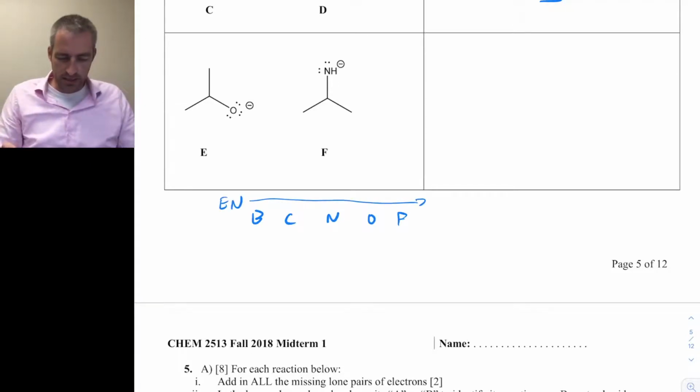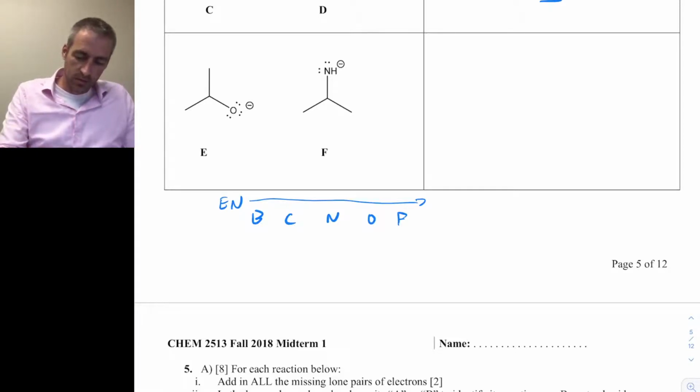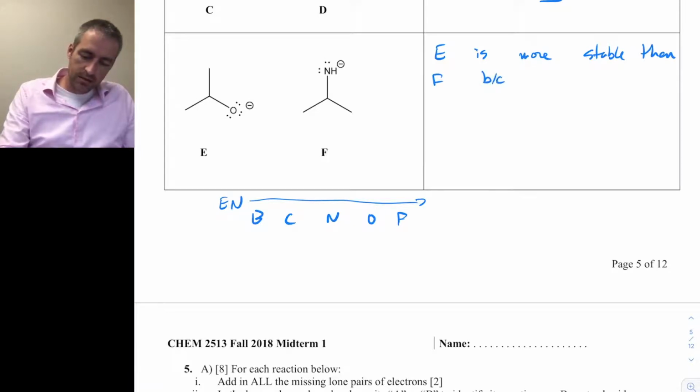When you're comparing bases that differ by the atom with the charge being different atoms, but in the same row of the periodic table, you go by electronegativity. So we would say that E is more stable than F because oxygen is more electronegative.